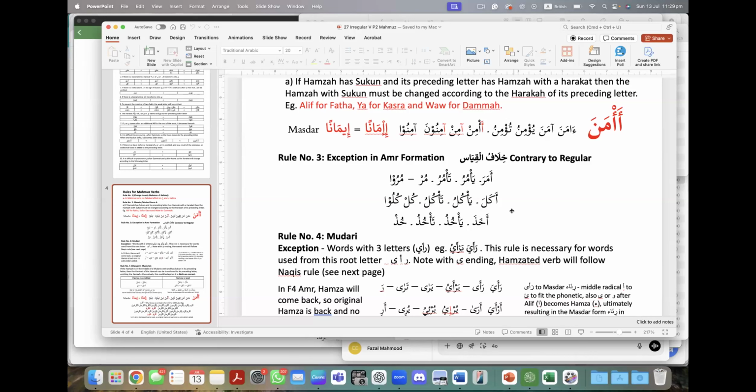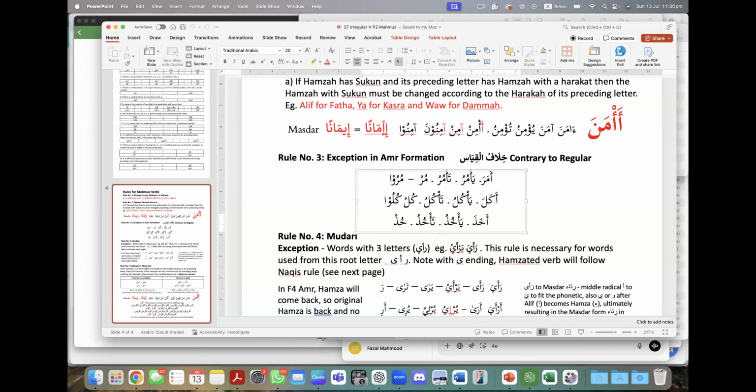Is that okay? So amr formation, amara, ya'muru, ta'muru, ta is supposed to go, and the normal rule will not apply here. Hamza standing with a sukun will disappear. Finish. So amr is mur, and muru is the plural of mur. Akala, you look at this, okay? Akala, yakulu, takulu, same thing happened. Kul, kulu. Akhadha, yakhudhu, takhudhu, khudh. You have seen this in Quran. How did it happen? When you take it to mudari, yakhudhu, takhudhu, this Hamza is still carrying sukun because this is extra added, alamat mudari.